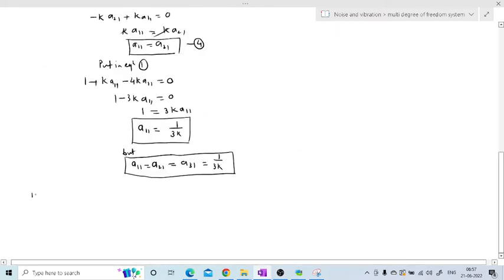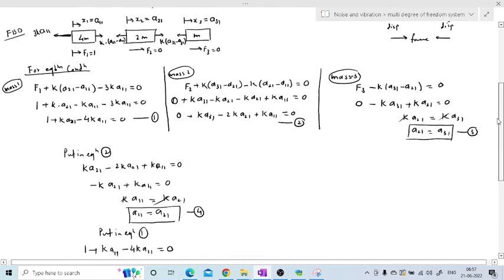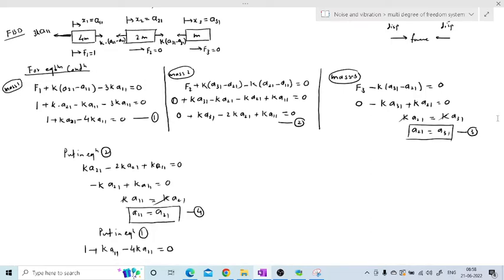So here I will write, consider F1 equal to 0 for the second case, F2 will be 1 and F3 will be 0. Means in the first case F1 was 1, now F2 is 1. Now no need to write this FBD again. I am going to repeat the same FBD, but only change the force values and displacement values.